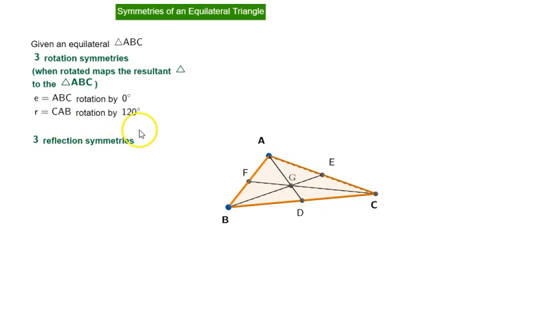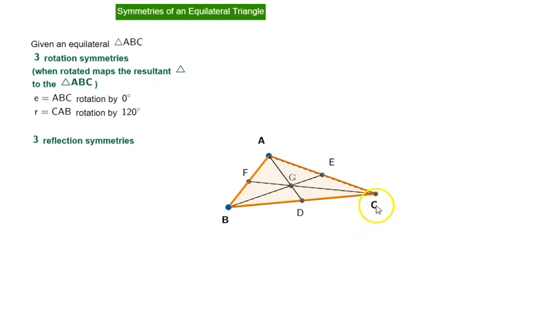Now, when we rotate it by 120 degrees, let me rotate it to give you a feel of what I mean by that. This is not a symmetry. This is not a symmetry. No, this is a symmetry. So I've rotated it by 120 degrees.